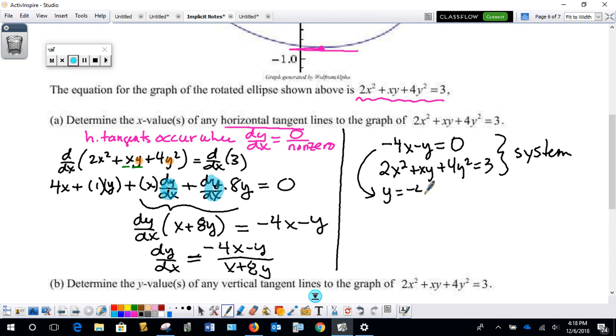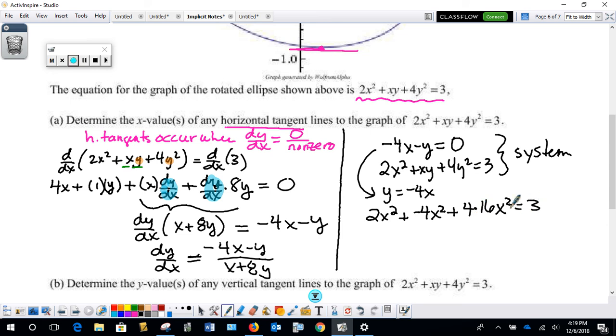Y equals negative 4x. Substitute it in, becomes 2x squared plus negative 4x squared, that's putting negative 4x there, plus, now be careful, I'm squaring negative 4x, which would be 16 times 4, so 4 times 16x squared is equal to 3.